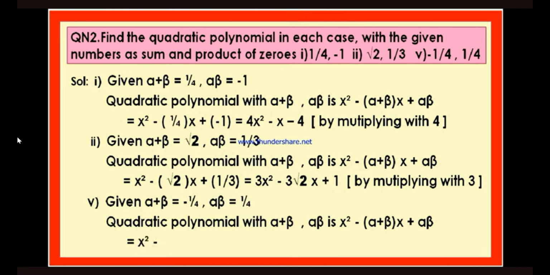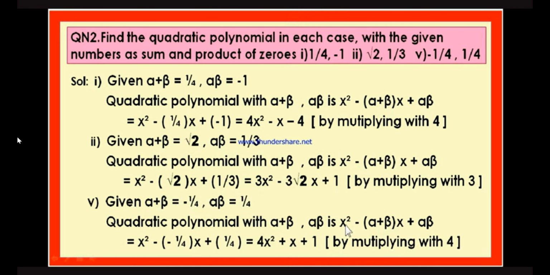Now let us substitute the values. Alpha plus beta is minus 1 by 4. So x squared, minus of minus is plus 1 by 4 into x, plus 1 by 4.